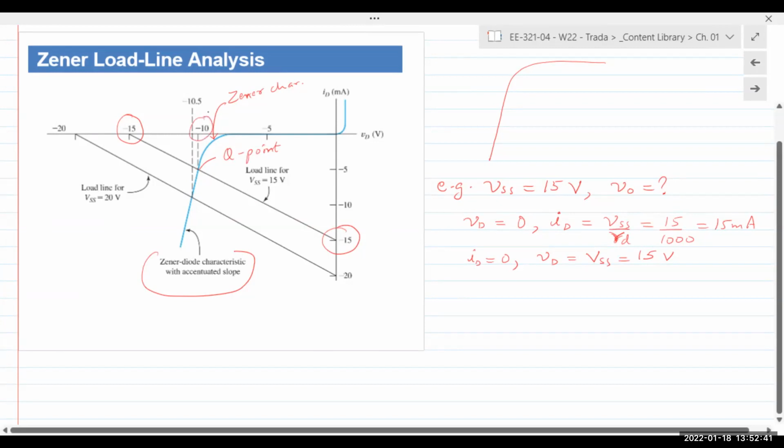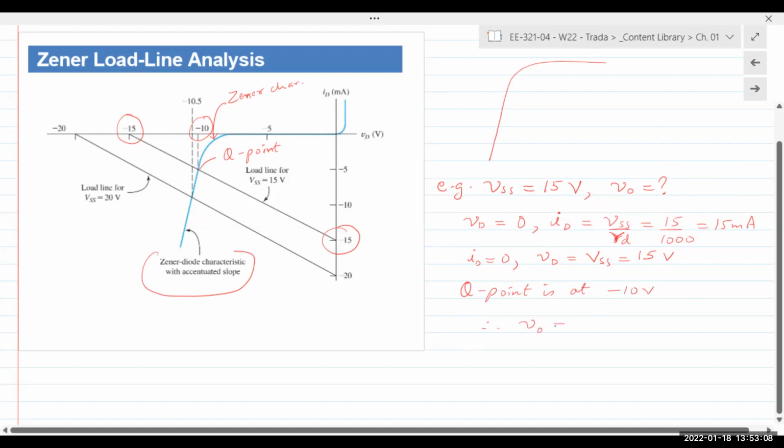And we get that as minus 10. So V out, which is VO, is at minus 10 volts. Actually, let me write down this. Q point is at minus 10 volts.